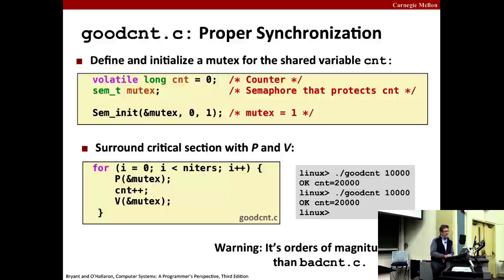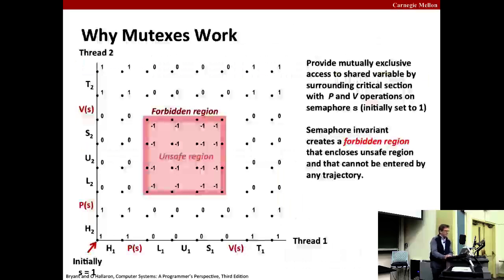All right, so why do these mutexes work? Here we've got a progress graph where we've decorated our program with P and V operations. We put the P before the critical section, execute the critical section, and then call V. If you were to look at the value of that semaphore for every point in the execution state space, you'd get these values.